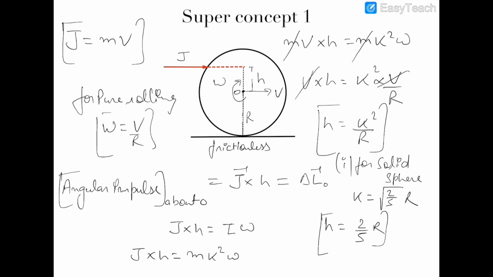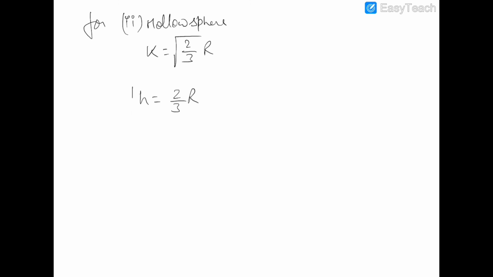You can substitute this value of k in this equation. And for a hollow sphere, we know that k is equal to root of 2 by 3 of r. So this h is equal to 2 by 3 of r.